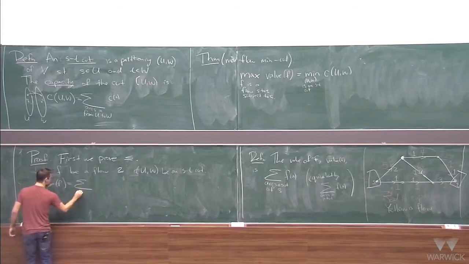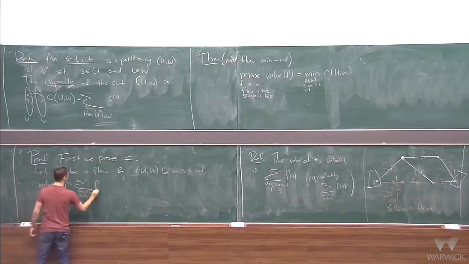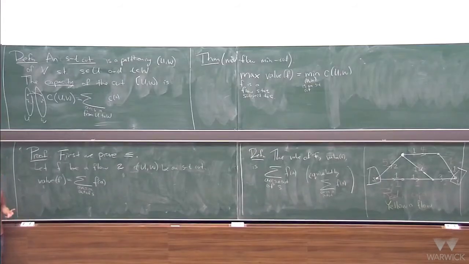Well, it's the sum over all arcs A out of S, F of A, right? Just by definition. Now, one very useful thing when you're doing any sort of algebra, surprisingly, is to add 0 to something.